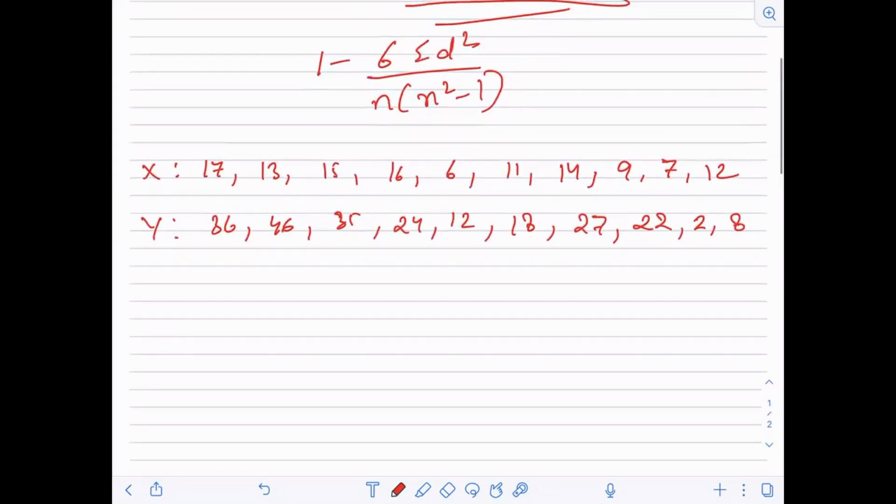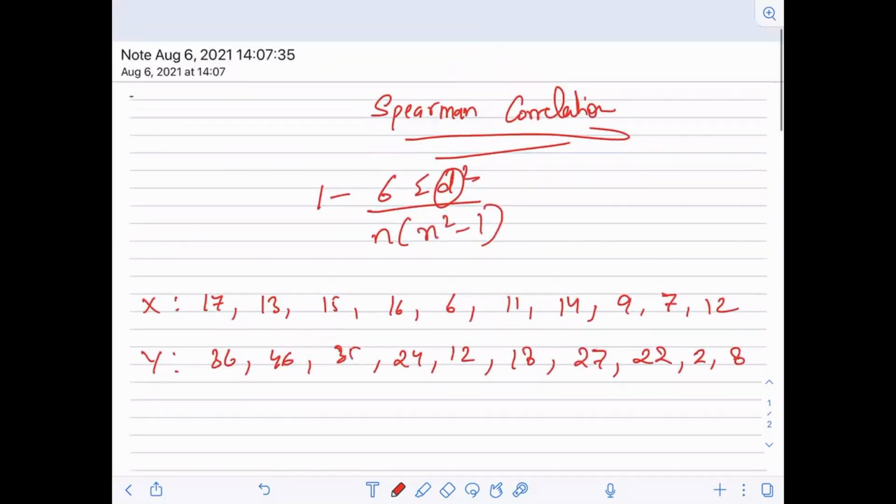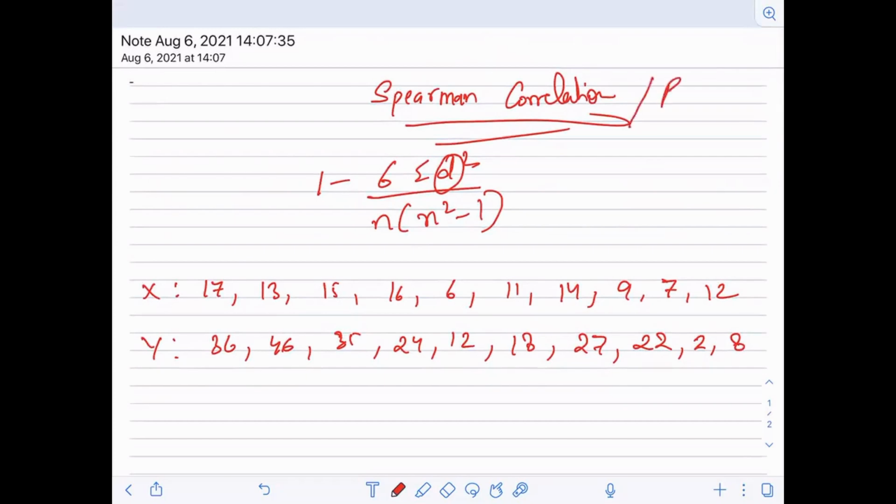Now what do we do? First of all, we calculate the D. It is also called rank correlation, because you are going to rank the digits.